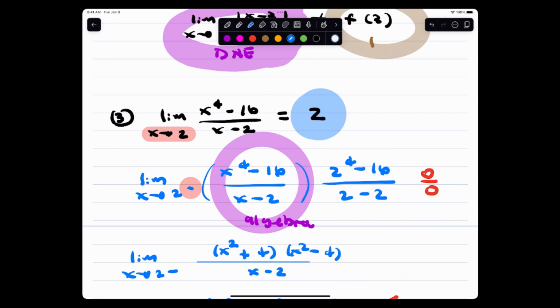But ladies and gentlemen, just because the left-handed limit equals the right-handed limit, what's the problem at 2? If I said to you, what does f of 2 equal? What's the problem here?